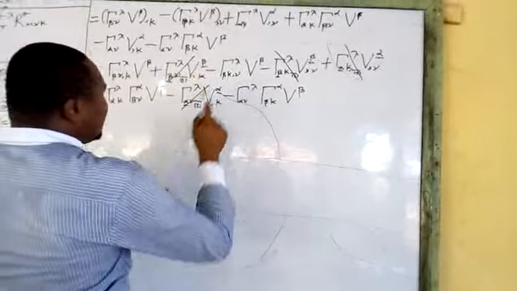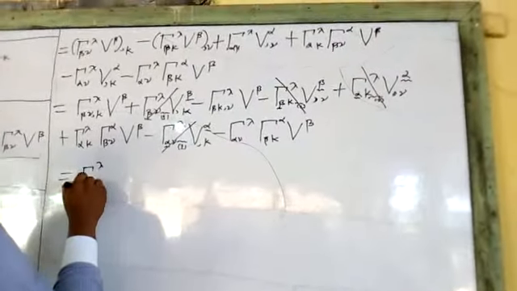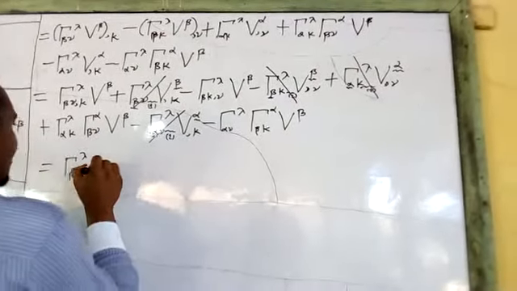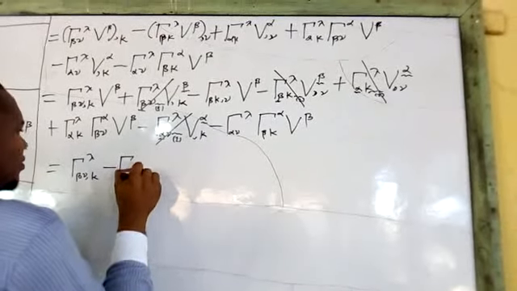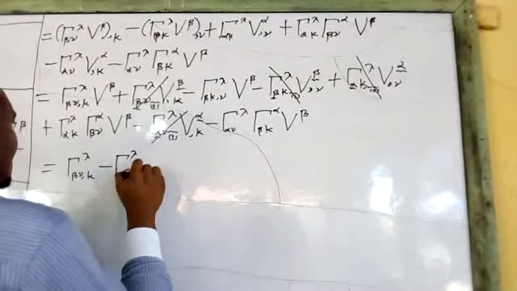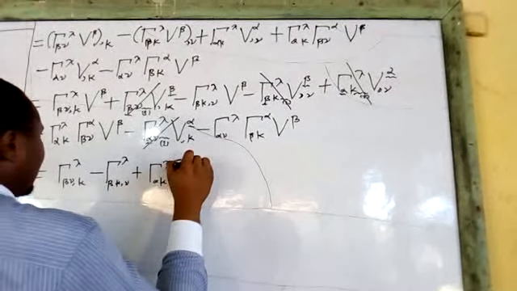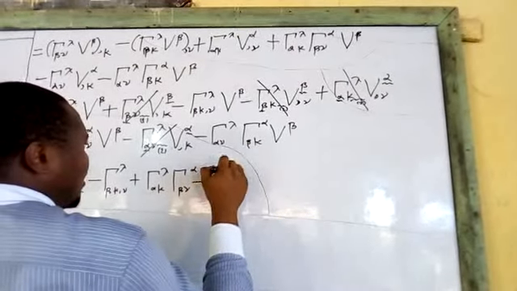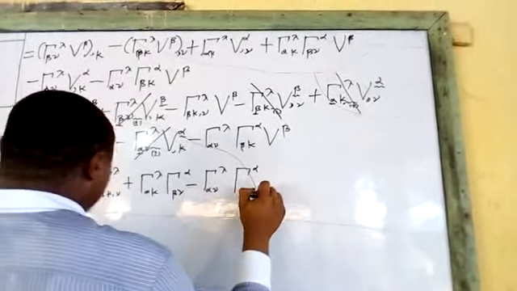this, that, and that. So what we have is Gamma^lambda_beta nu comma kappa, minus Gamma^lambda_beta kappa comma nu. I'm going to leave the V^beta because V^beta is common to all of them. Plus Gamma^lambda_alpha kappa Gamma^alpha_beta nu, minus Gamma^lambda_alpha nu Gamma^alpha_beta kappa.